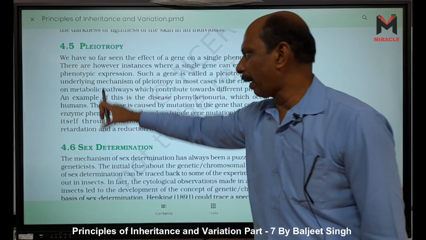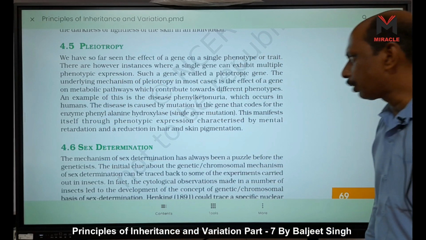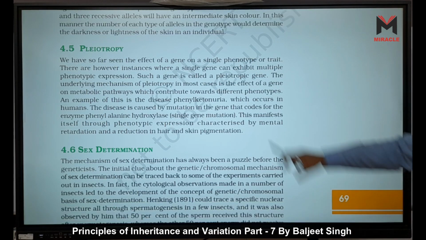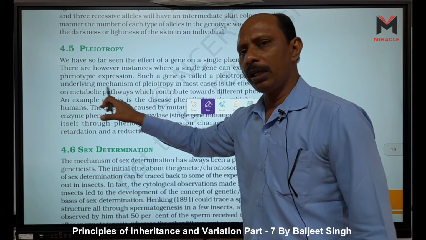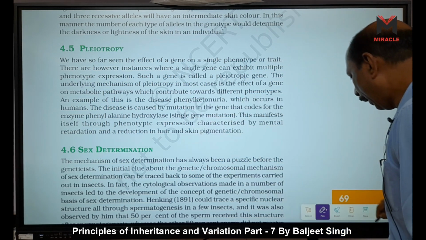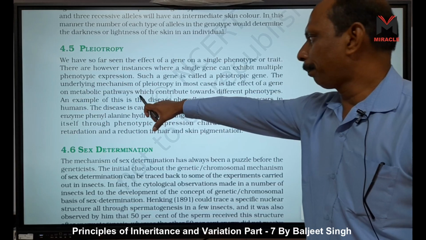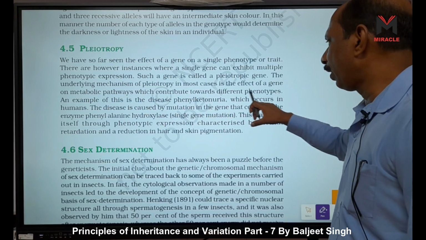The underlying mechanism of pleiotropy in most cases is the effect of a gene on a metabolic pathway, and through this metabolic pathway different phenotypes come, right? Metabolic pathways contribute toward different phenotypes.